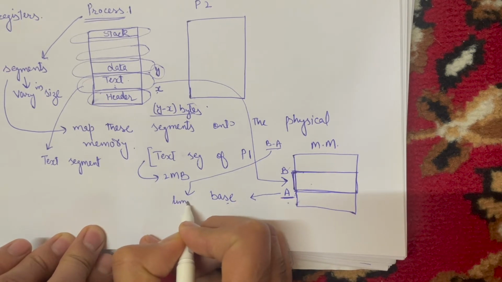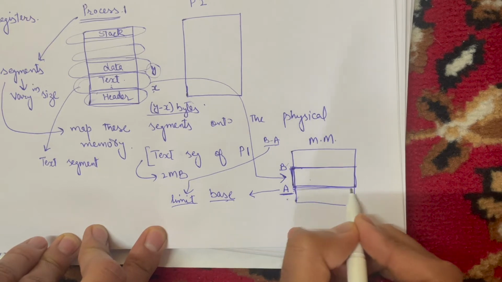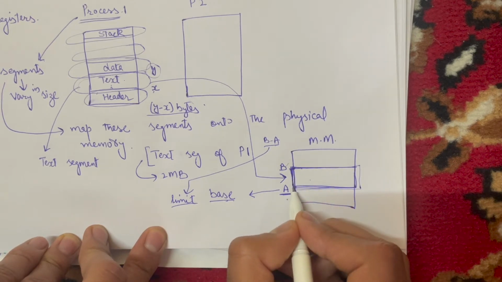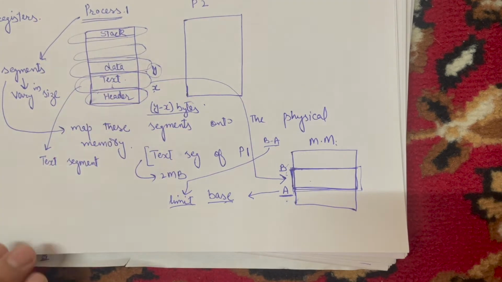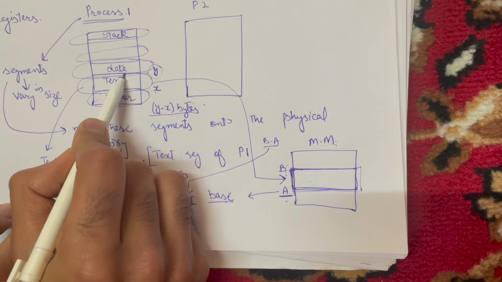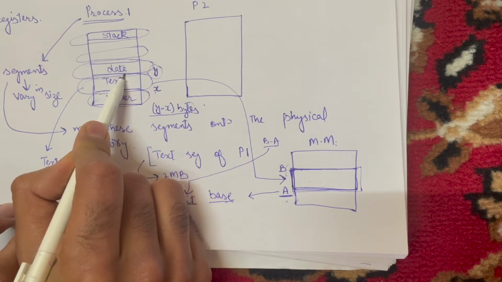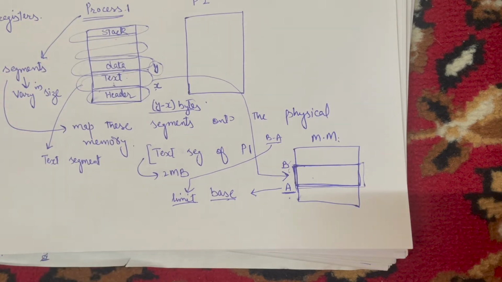Using the base and limit, we can say which memory in the physical address space, or main memory, is allocated to the text section. Likewise, the data section will also have a base and limit, and the stack segment will also have a base and limit.